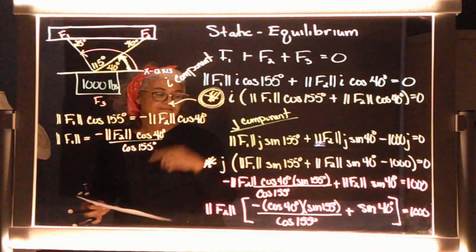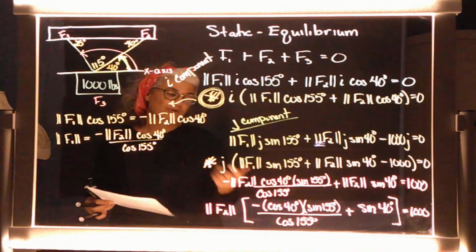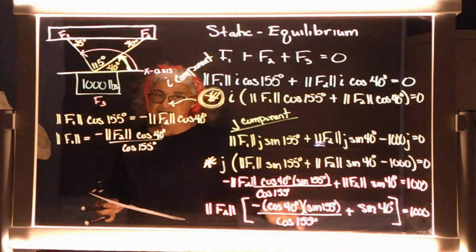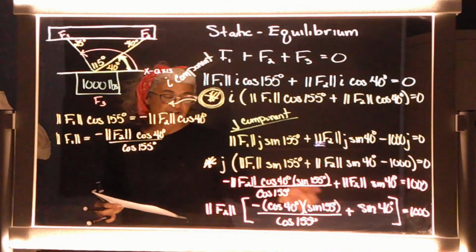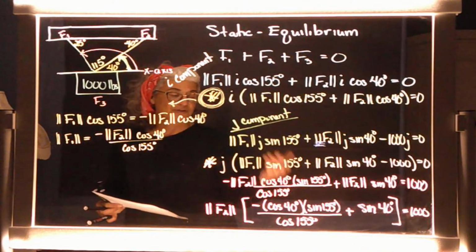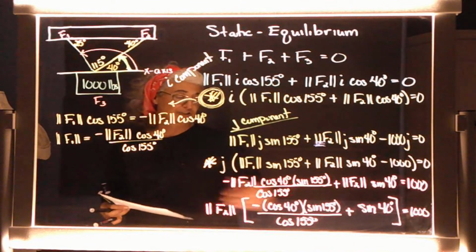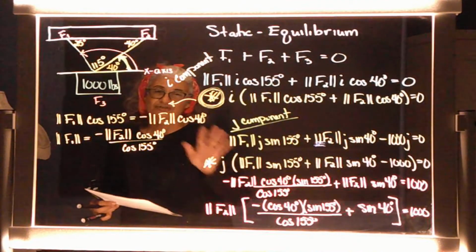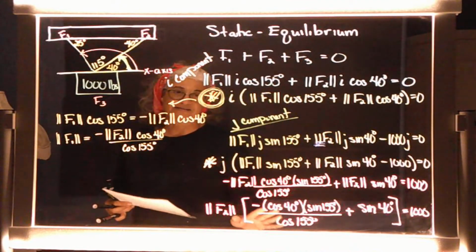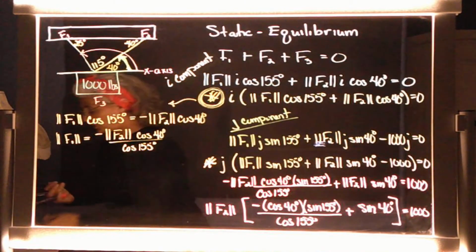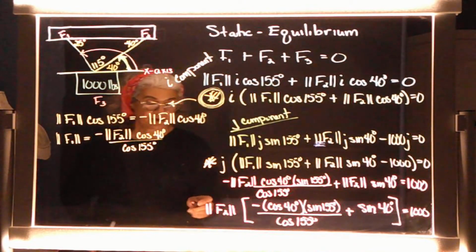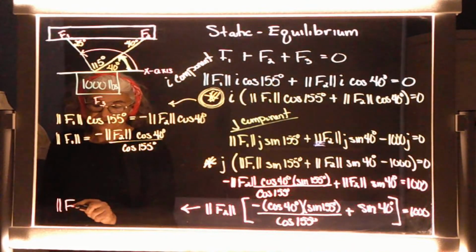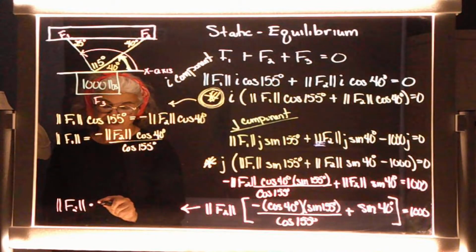It equaled 1. How is that possible? Well, it's very possible, because it looks like things are basically canceling each other out. I have a cosine and sine of 155 degrees and a cosine and sine of 40 degrees, and it turns out in this case to be 1. Does it always happen? Not necessarily, so don't think that. But in this case it did. So I'm going to bring this over here. I end up with the magnitude of F2 times 1.